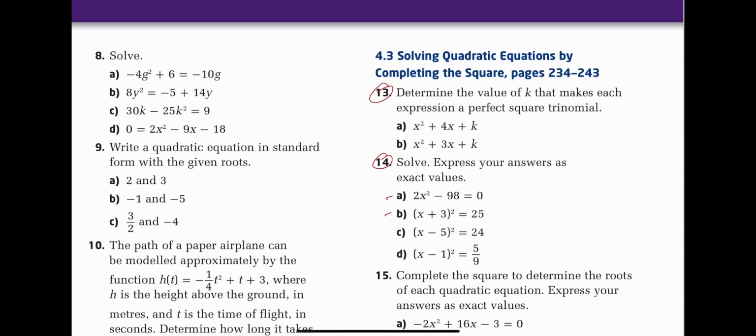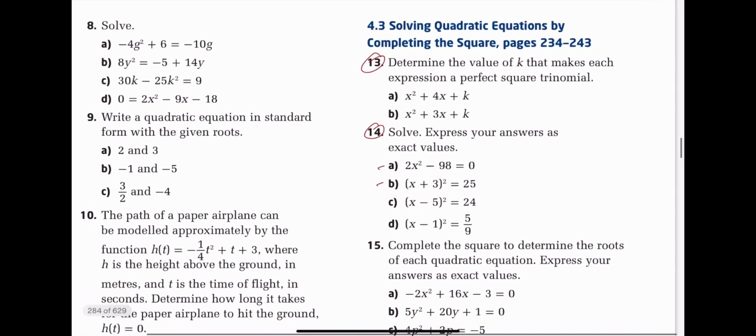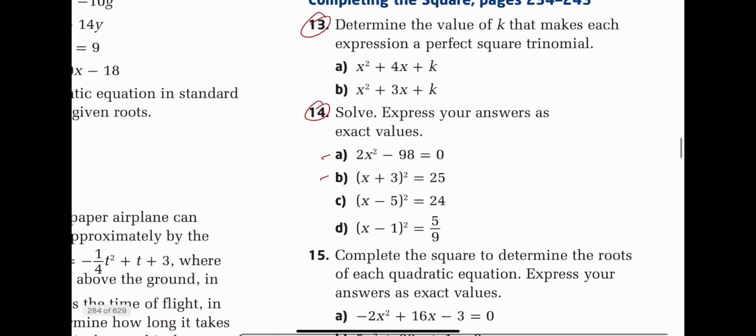Okay, so for question number 14, express your answer as exact value. To solve this one, I can just write 2x squared is equal to 98, which means my x squared is 98 over 2, which is 49.